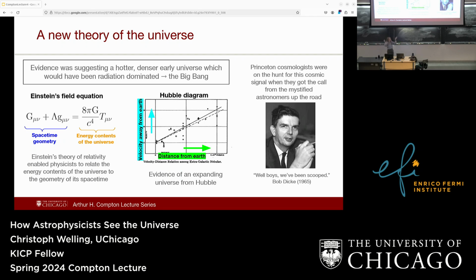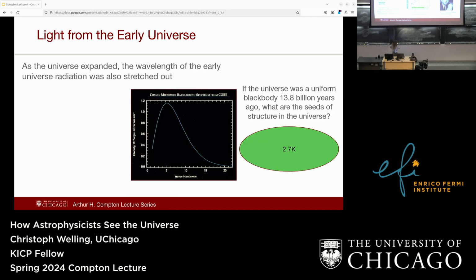So there were lots of theories about what the universe might have been early on and late. But for the last, say, 30 years, we've had a pretty consistent model of the universe, and we're going to see where that comes from. But it all starts in 1965.